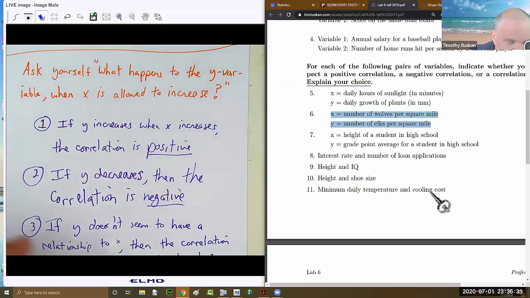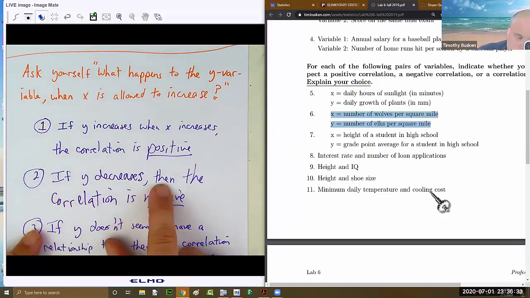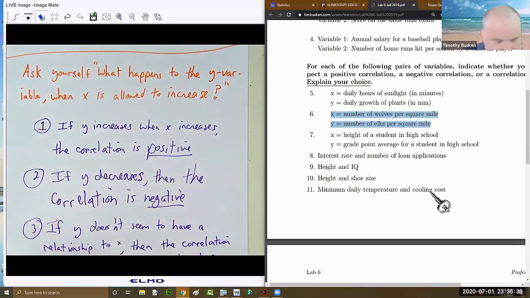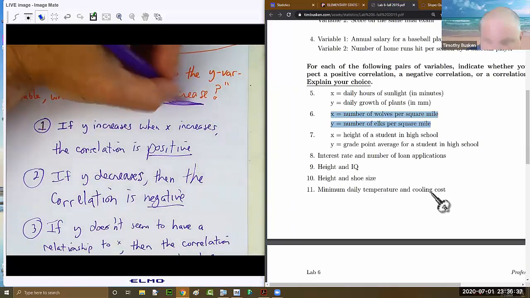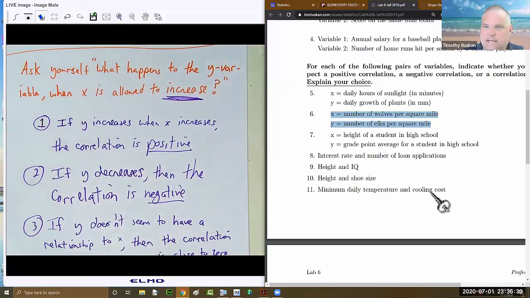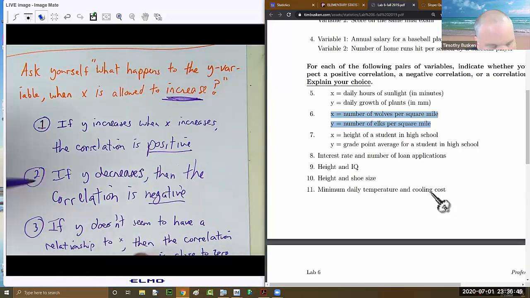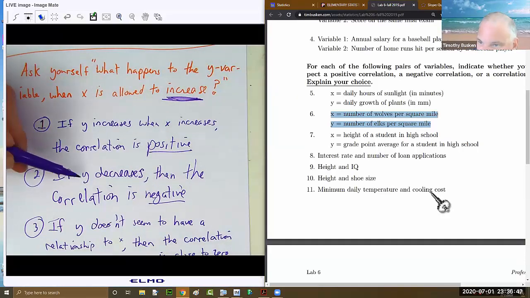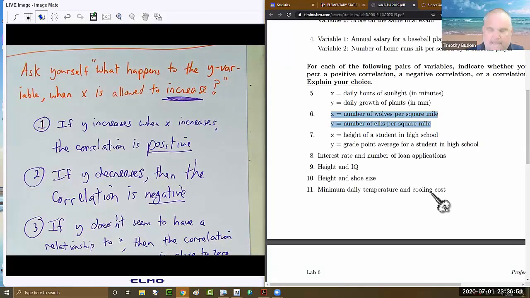So the Y value will be decreasing when X increases. In all cases, I'm going to ask myself what happens to Y when X increases. Here the elk population, or the Y values, would probably tend to decrease when X increases. And so the correct answer for 6 is we expect a negative correlation.